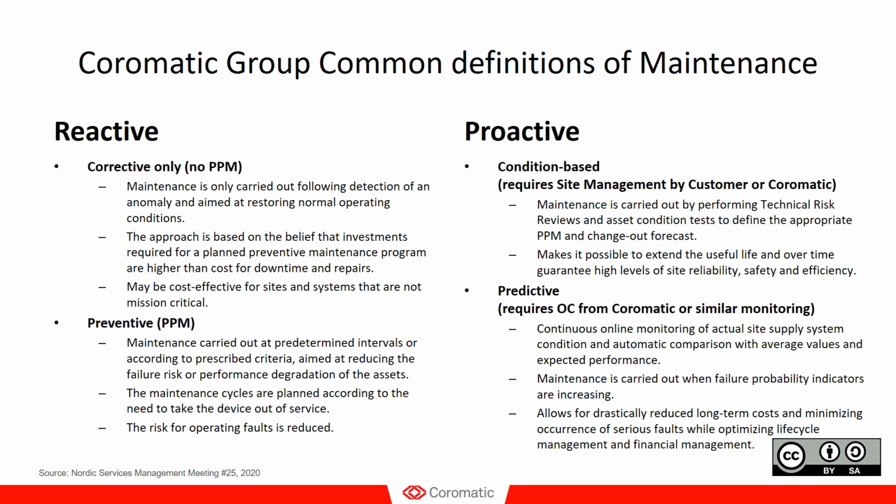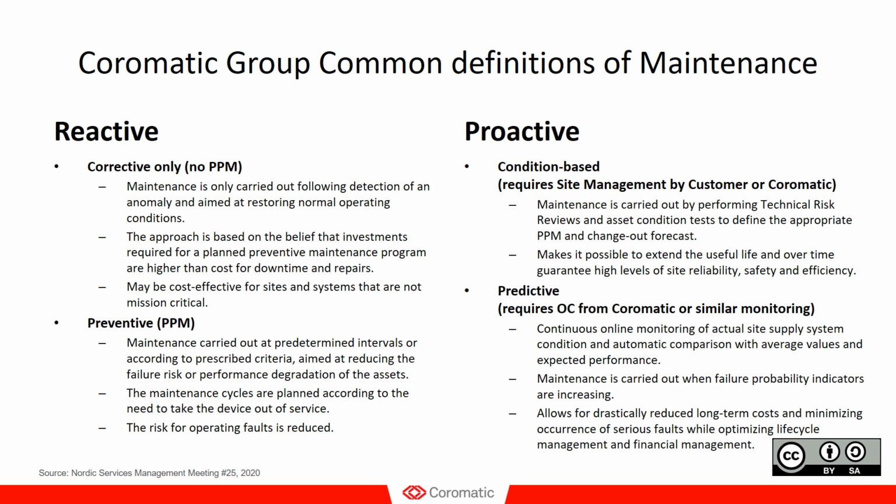So that means that if it's in good condition, you don't need to replace the component, but you can actually run it a bit longer. But it's based on an active risk assessment or technical risk assessment of those components and systems on the site to minimize the risks of actual failures or incidents.